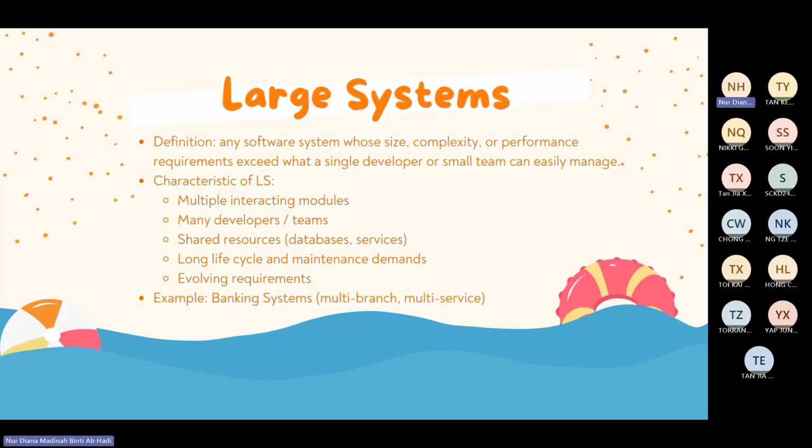You need to share resources, either in your database or services. You also have a long life cycle, and maintenance demands evolving requirements. For example, the banking system, where we have different branches, and each also has different services.